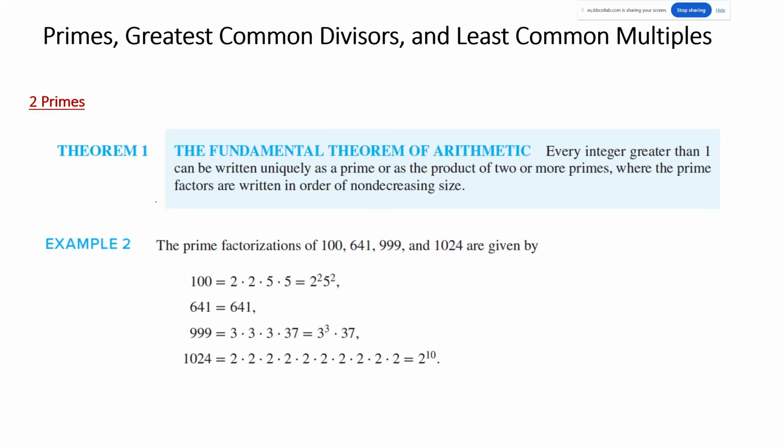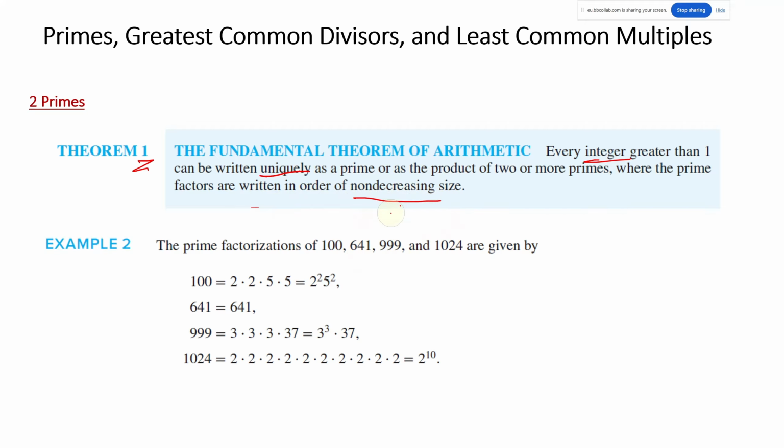Every number, and this is the fundamental theorem of arithmetic, says this: every number, integer of course, greater than 1, can be written uniquely either as a prime, so this is only a prime, or a product of 2 or more primes, where again the prime factors are written in an order of non-decreasing size.